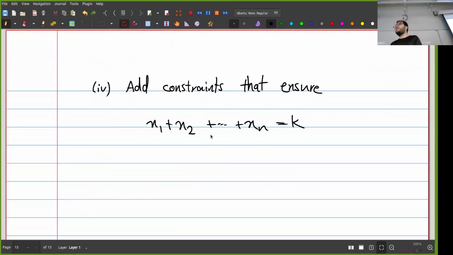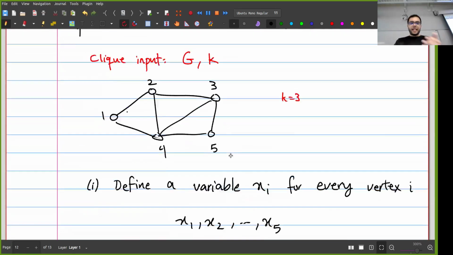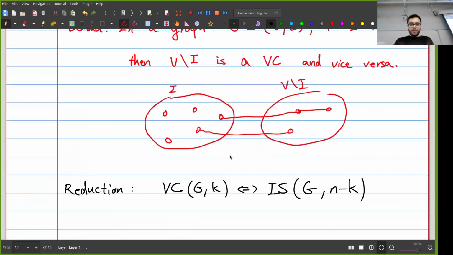And if you have a SAT solver, which is actually a real thing, by the way, there are a lot of tools created with really good heuristics for solving SAT instances, then you can give this problem to the SAT solver, and hopefully it solves it for you. And if the SAT solver works in polynomial time, and we don't know if such a SAT solver exists or not, then this algorithm for clique would also be polynomial time.